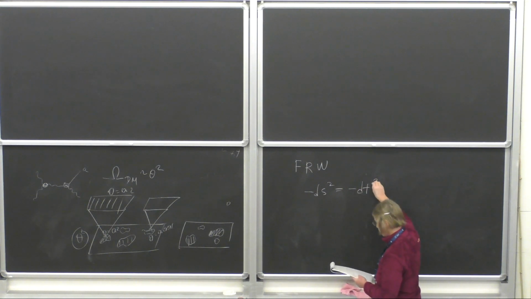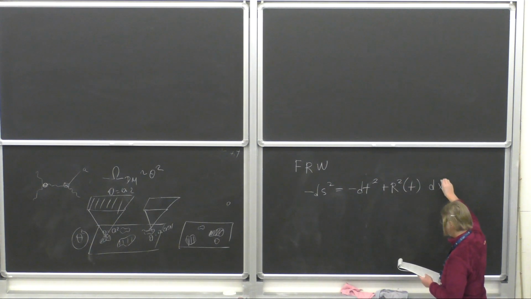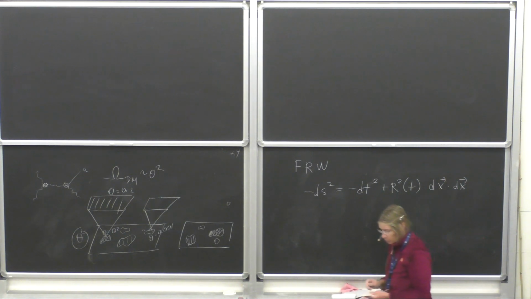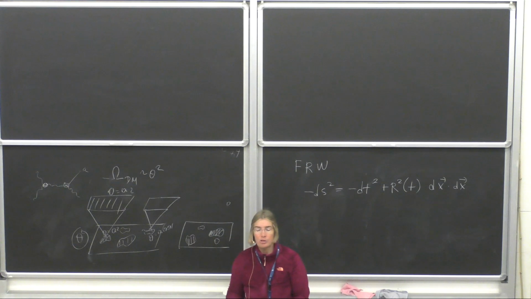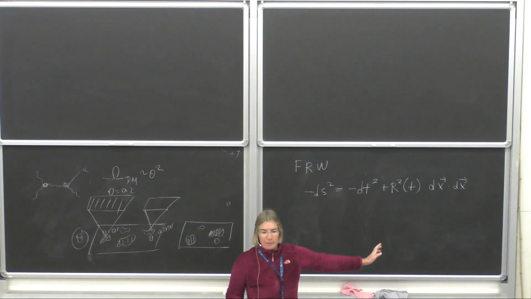These are moving coordinates. This R is a scaling factor, and then you have dx, dx. So all we have to do is solve the equation of motion for the field with this metric and see what we actually get.